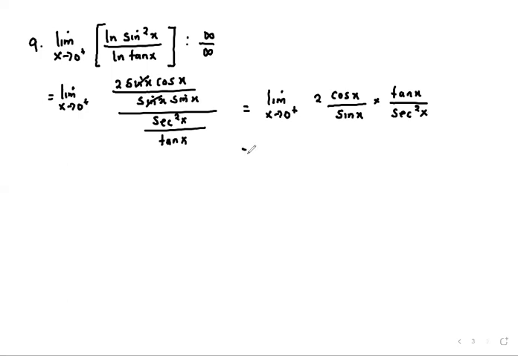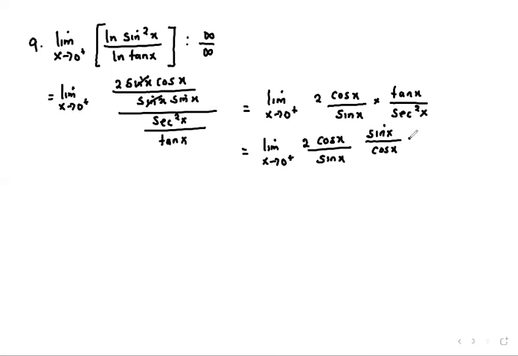But then we also understand that this is just the limit as x goes to 0 plus of 2 cos x over sine x. And then tan is sine x over cos x.